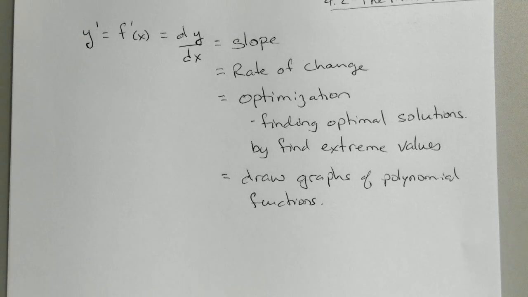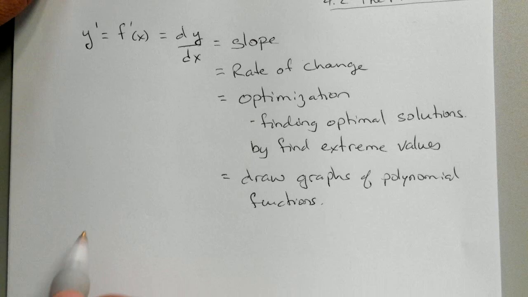So in this section, section 4.1, we're going to look at finding the function if you're given the derivative. We're going to work backwards, not in an antiderivative sense, but in an algebraic sense. So that's one of the things we're going to do with it.